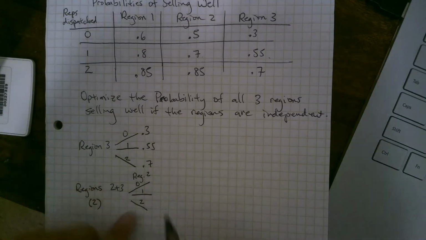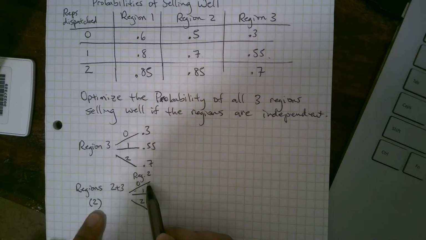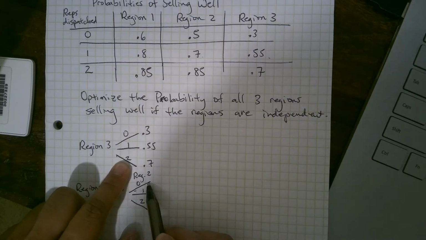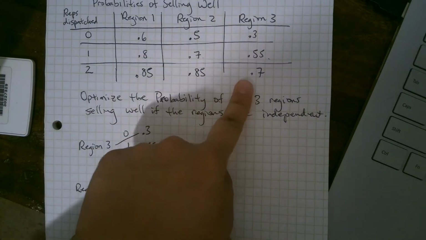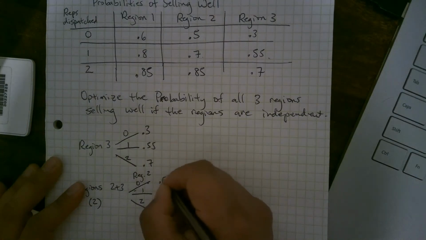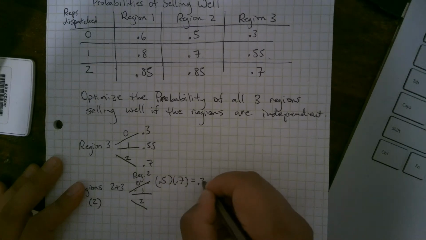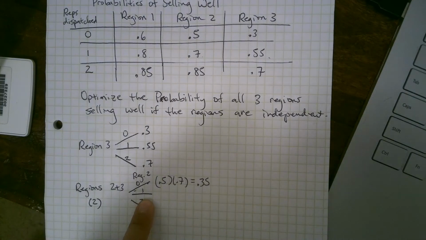If I've dispatched 0 reps to region 2, and I have 2 reps total in regions 2 and 3, I must have dispatched 2 reps to region 3. So I'm going to take the probability of 0 for 2 and 2 for 3. That's 0.5 times 0.7 is 0.35. If I dispatch 1 rep to region 2, I must dispatch 1 rep to region 3 for 2 reps total.